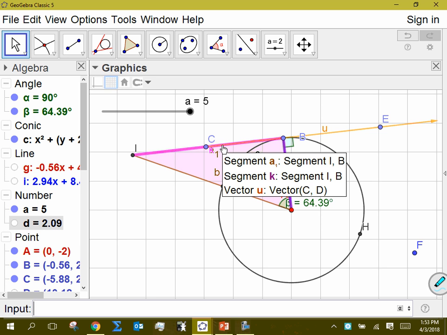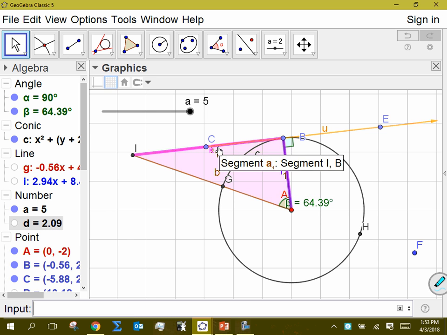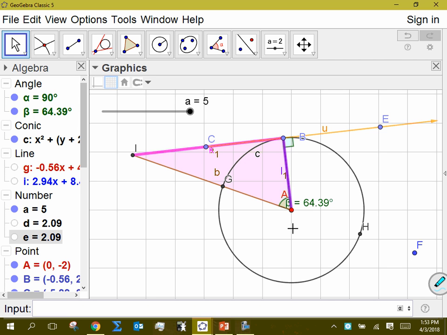So that's taking this pink segment and dividing it by the purple one. Is that the same thing I get when I take the tangent of 64.39? Yeah, 64.39, plug that in there, 2.09. Does that kind of make sense, everybody?